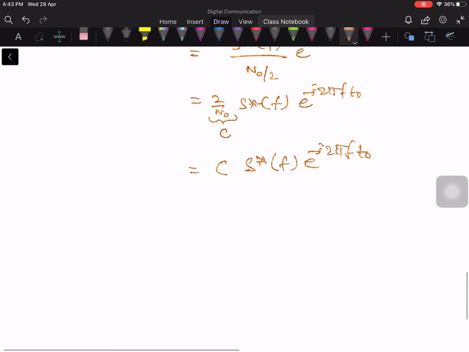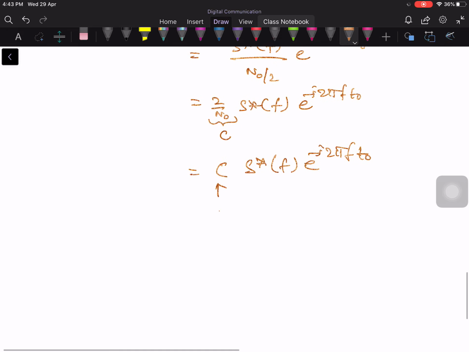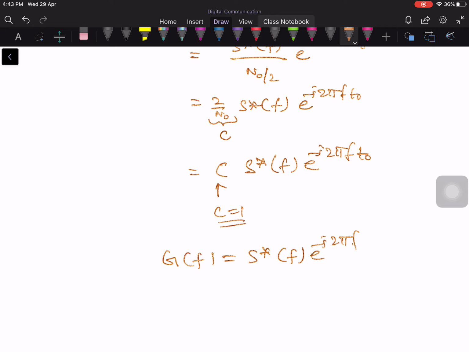For the time being, let us forget about this constant and assume c equal to 1. It doesn't matter what value you choose for c. Then finally you will get the transfer function of the filter equal to S conjugate of f times e to the power minus j 2 pi f t naught.